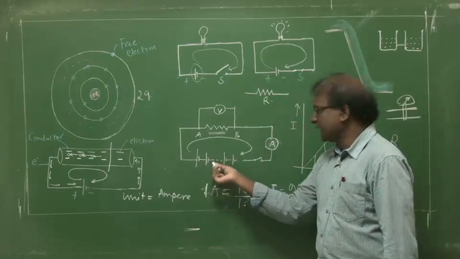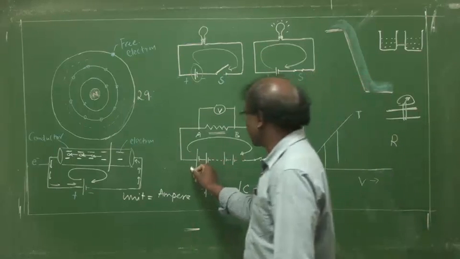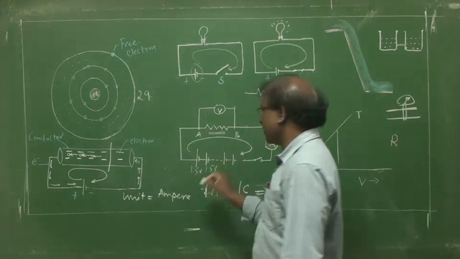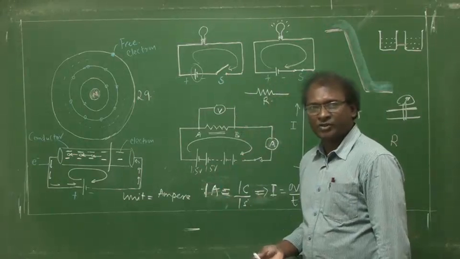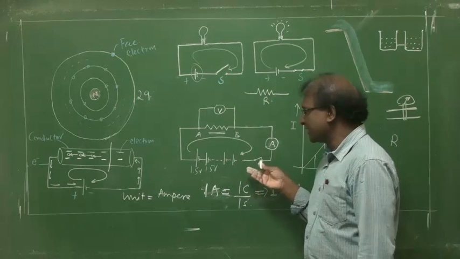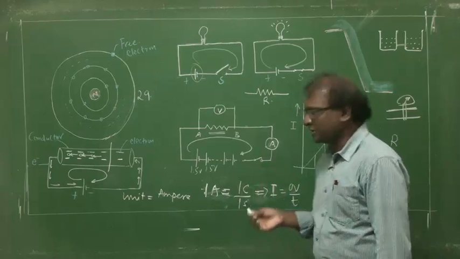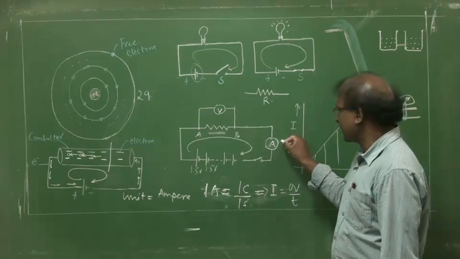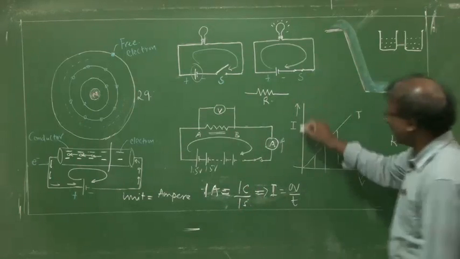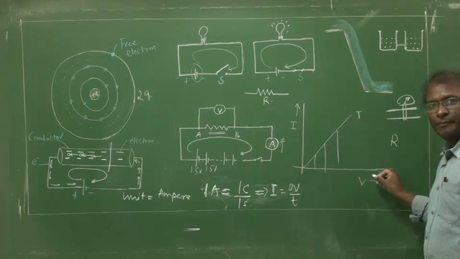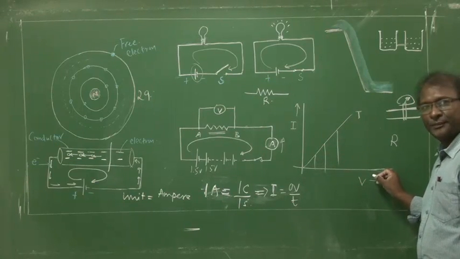In series connection, if this is 1.5 volt and this is another 1.5 volt, the net voltage now is 3 volt, and as you increase the number of cells in series, the voltage gets added up. Therefore George Simon Ohm saw in his experiment the current also rise, which I show here graphically, current rising as the voltage increases.